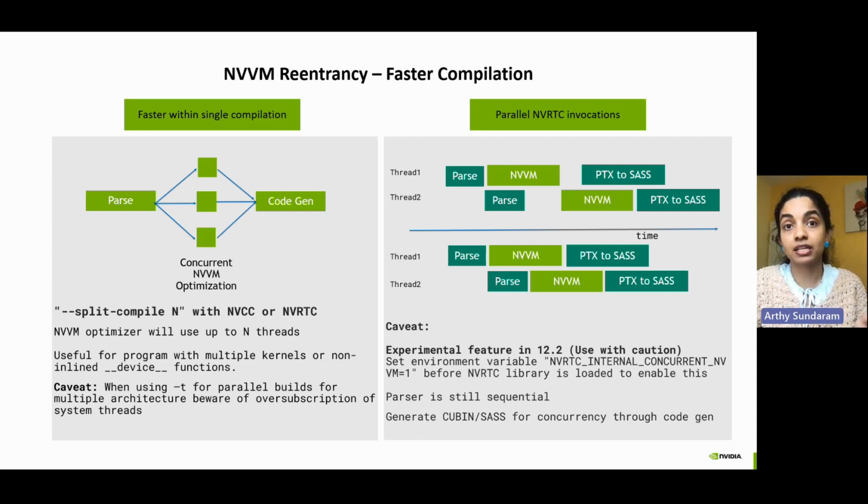One caveat to keep in mind is if you're using -t, which we spoke about a lot in the 11.x timeframe. -t allows NVCC, if you're compiling to multiple target architectures, to parallelize those compilations with the number of threads that you pass in -t.